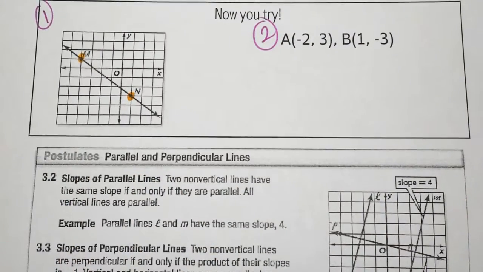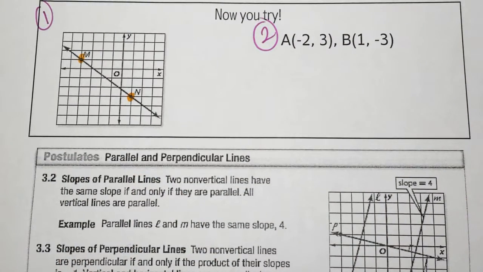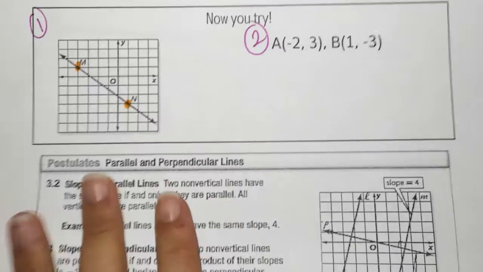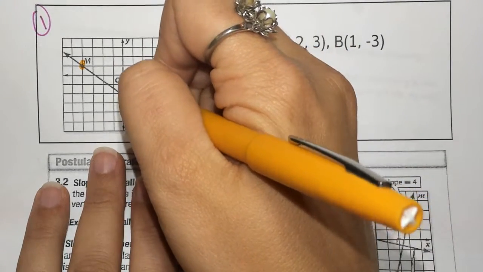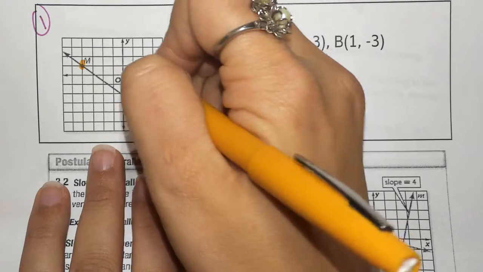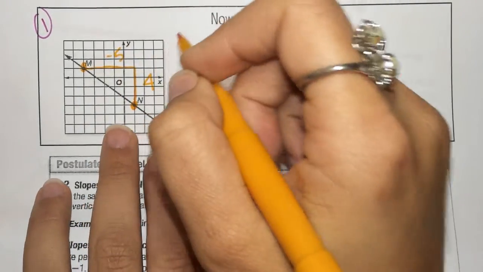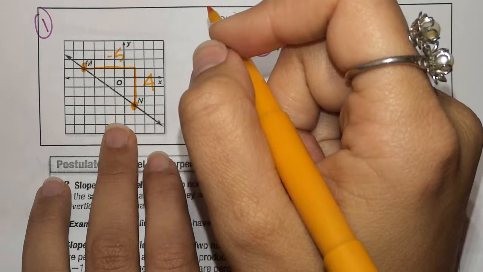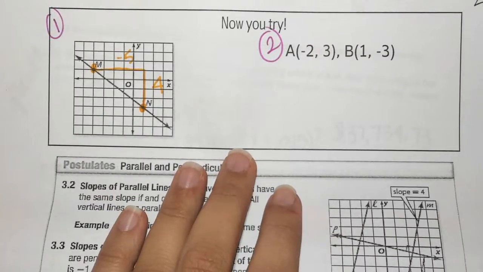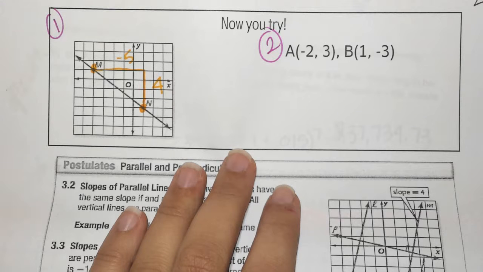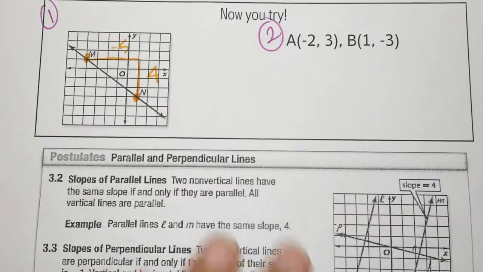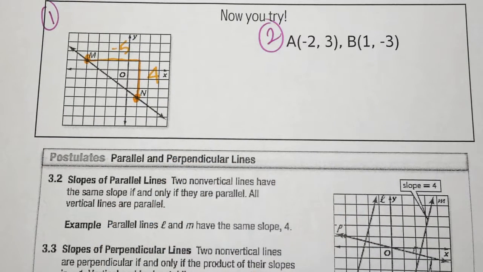You can flip your paper over and look at your notes. For number 2, what's your answer? What's 0 divided by 3? Zero.